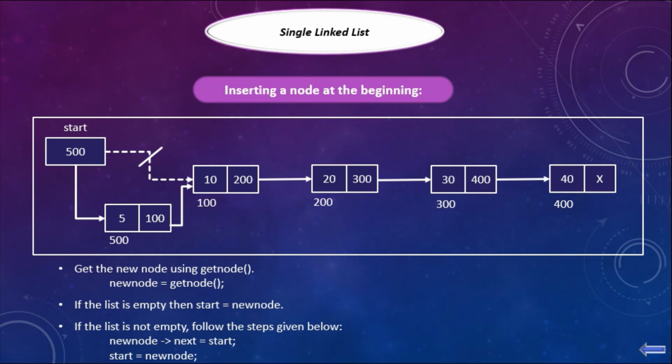And after that we have to initialize the start pointer with the new node's address, and we are using the insert at beginning function for inserting a node at the beginning. So in such a way, we can insert a new node at the beginning.